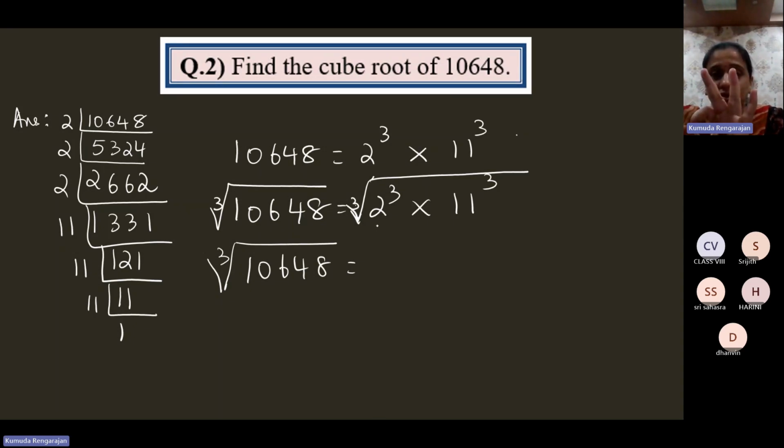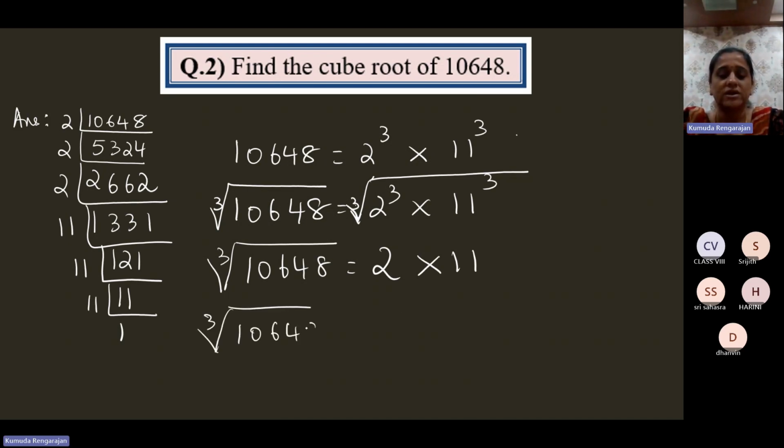So we have 3 2s, 3 equal prime factors, 2 2 2, 1 out. Similarly, 11 11 11, 1 11 out. So the cube root of 10,648 is equal to 22, which means 22 into 22 into 22 is 10,648.